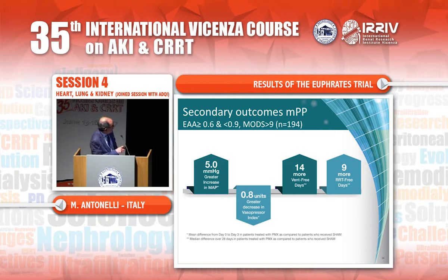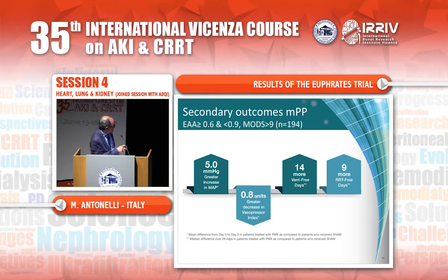Interestingly, looking again at the secondary outcomes in the per protocol population, you have some interesting results that in a way also depict the improvement of the multiple organ dysfunction score. Well, in the general population, even though the study was negative, you can have a greater increase in mean arterial pressure by 5 millimeters of mercury.